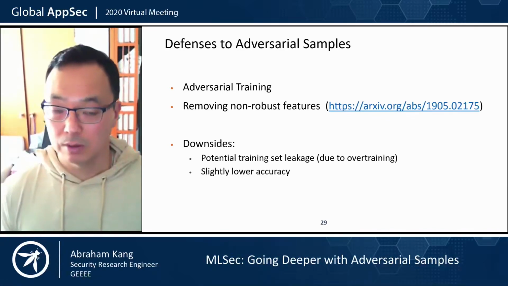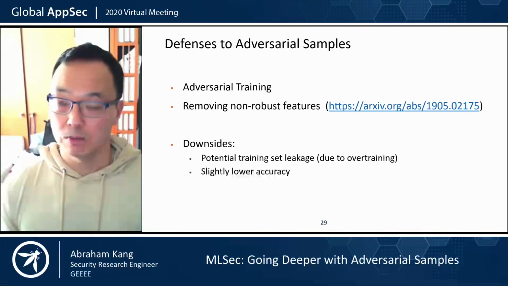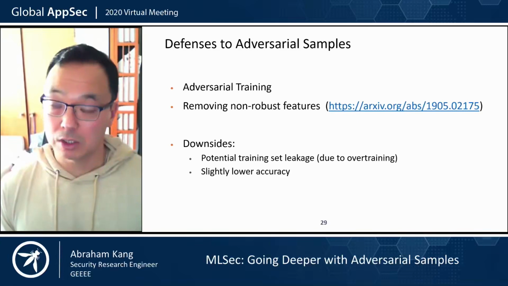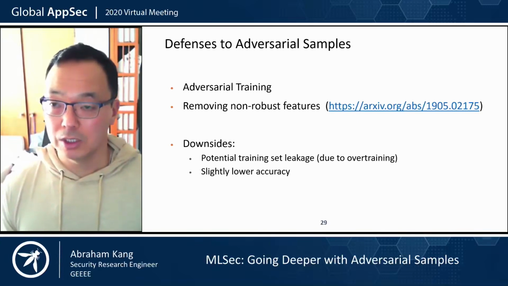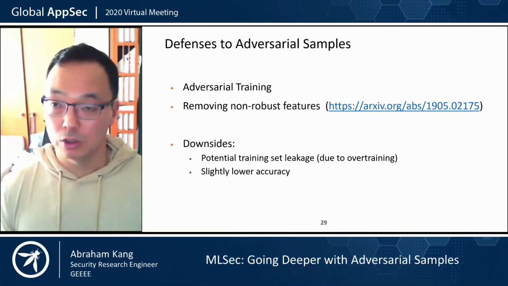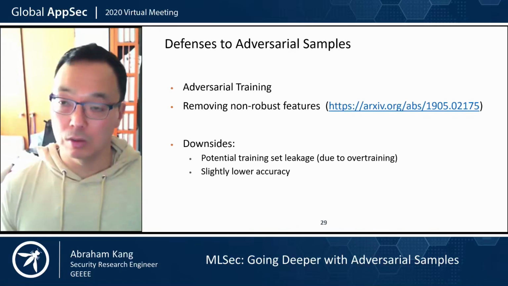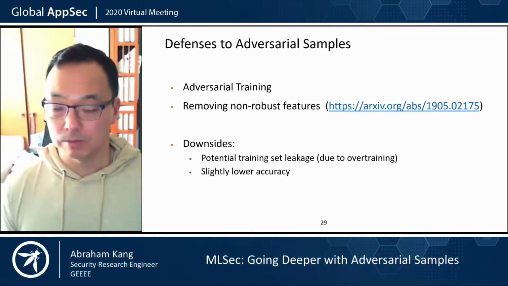The downside is that because you're now taking these images in your training data and essentially duplicating them, but just adding perturbations inside of those images, you're overfitting or overtraining on your training set. And so it could result in training data set leakage.